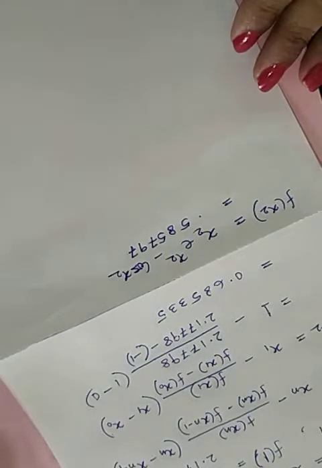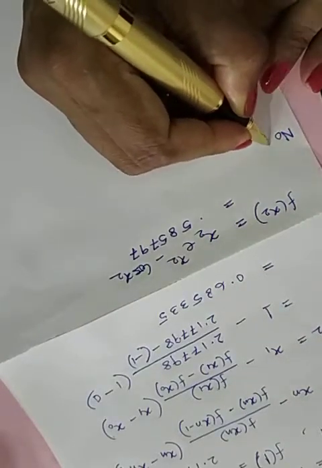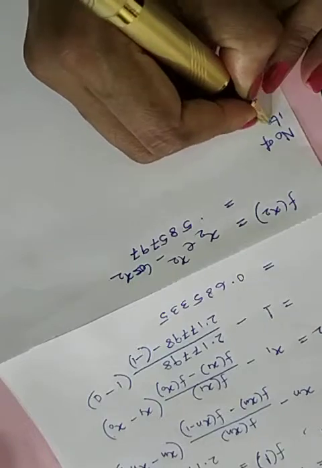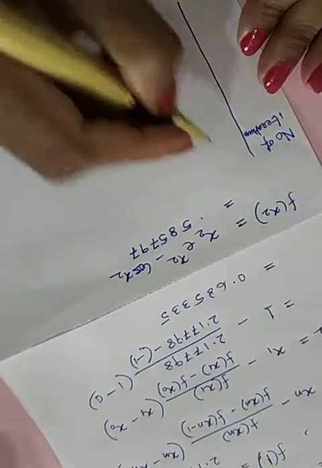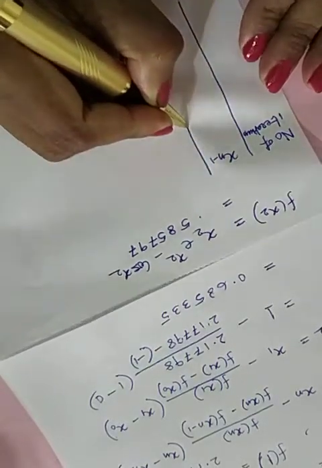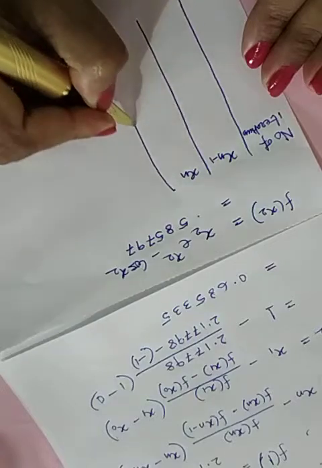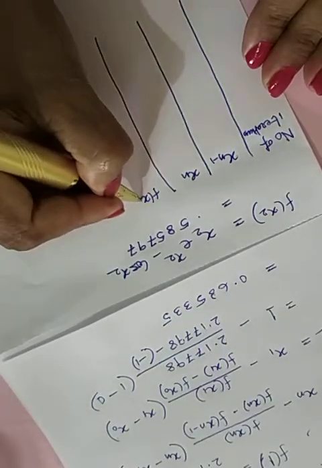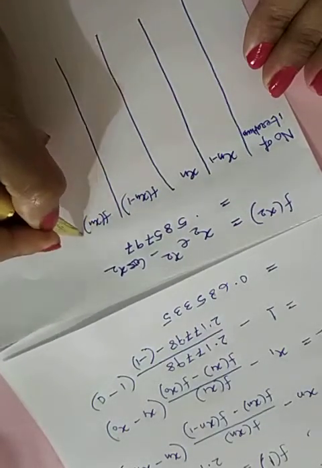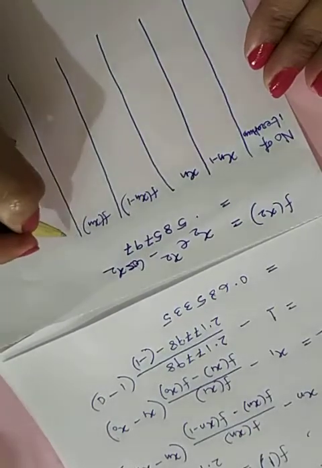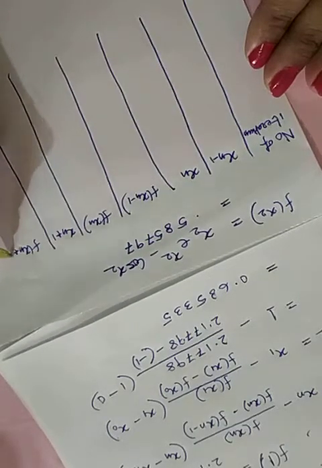Now let us make a table. Number of iterations, x(n-1), x(n), f(x(n-1)), f(x(n)), x(n+1), and f(x(n+1)).